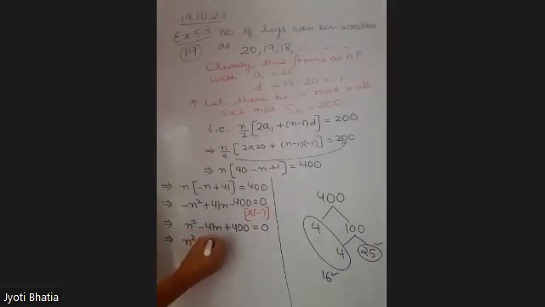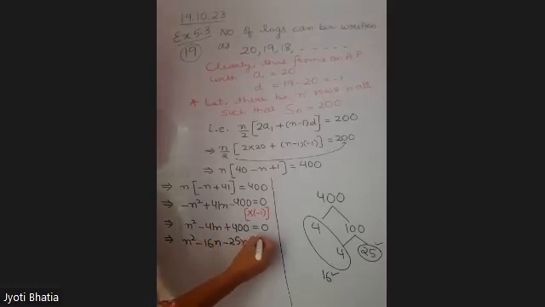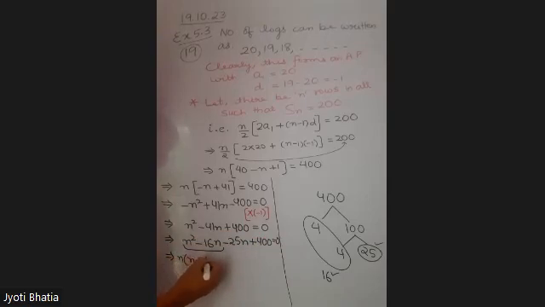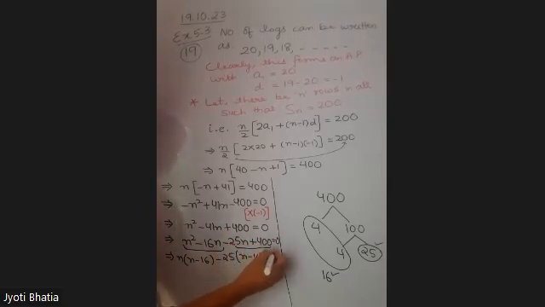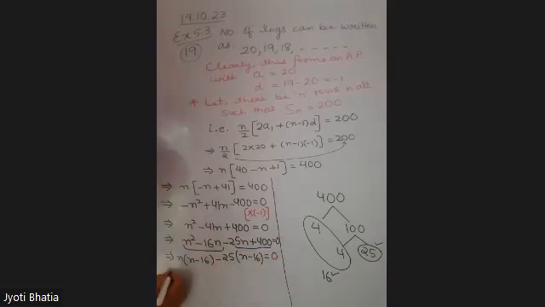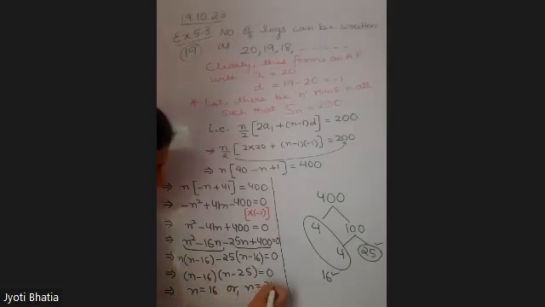So n square minus 16n minus 25n plus 400 is equal to 0. Factorizing, we get n common: n minus 16, minus 25 into n minus 16. Which is n minus 16 into n minus 25 is equal to 0. So this gives me n is equal to 16, or n is equal to 25.